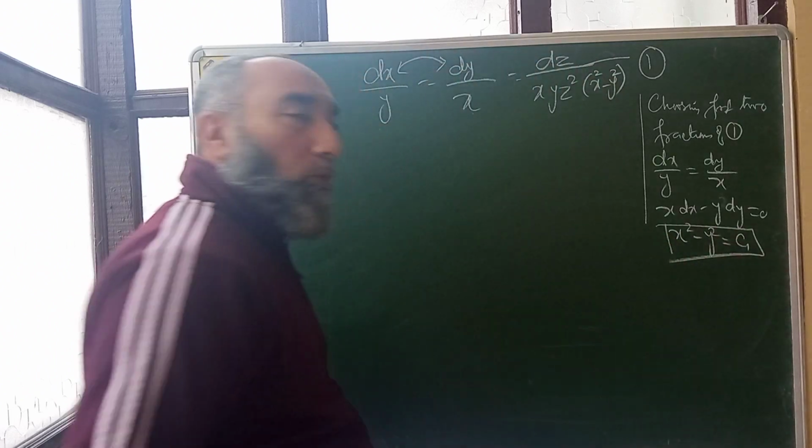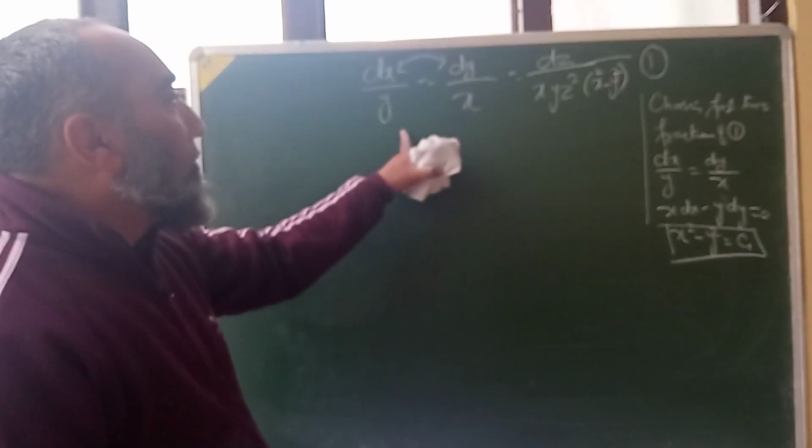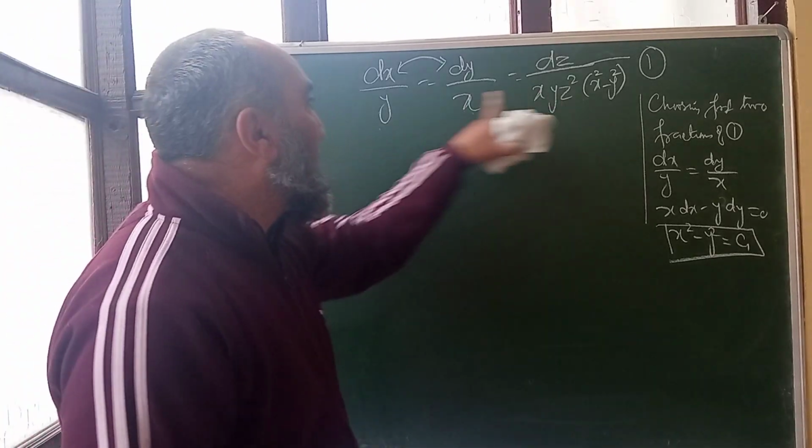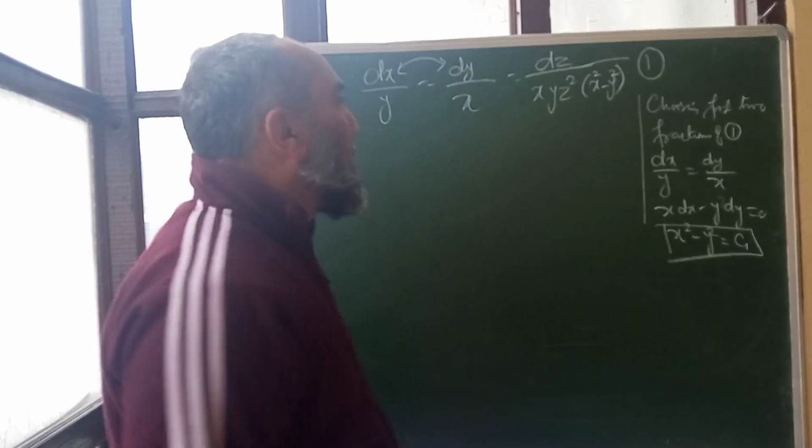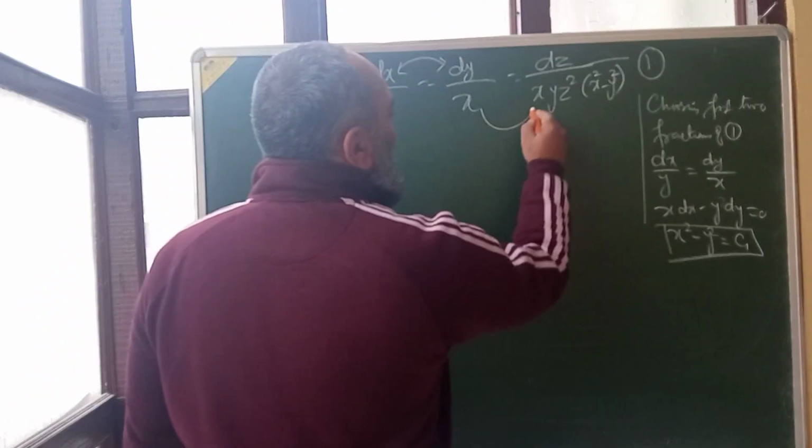So x square minus y square equals c1. This is my first solution. Okay. Now I don't have a choice to choose second and third or first and third, but I will use this x square minus y square over here.